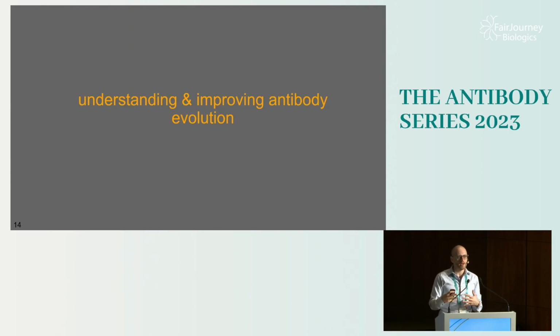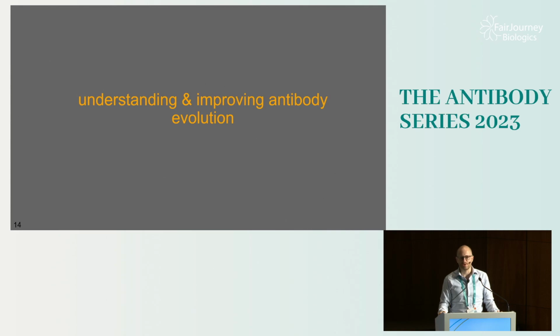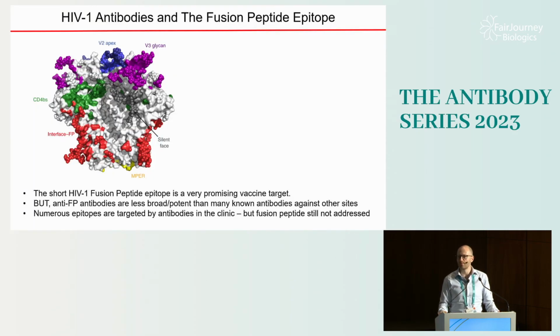So building on the natively paired discovery platforms we've been using, we started to think: sometimes the antibodies that we're able to isolate from an immunized mouse or animal need some engineering, as you all know. How can we learn, using these high-throughput approaches, how to engineer better antibodies? In particular, we've been focused on the fusion peptide epitope of HIV. As Gary mentioned, there are all of these different vulnerable epitopes on the HIV surface.